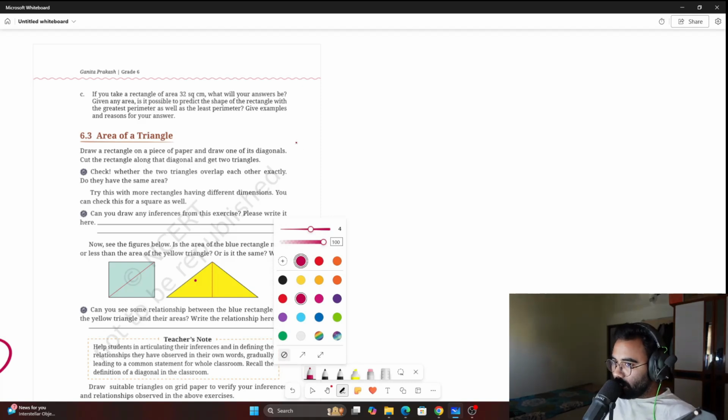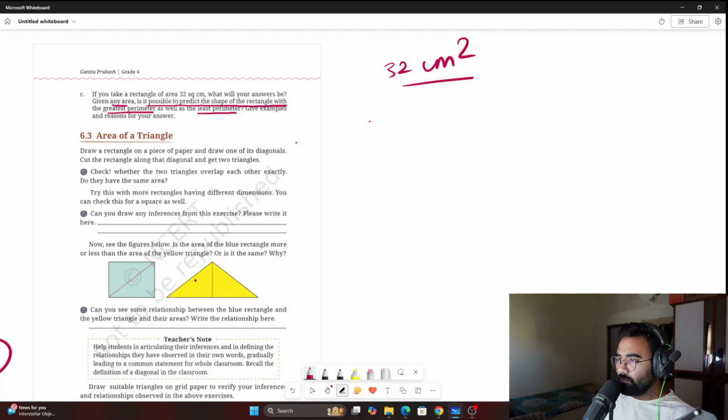Given any area, is it possible to predict the shape of the rectangle with greatest perimeter as well as least perimeter? Okay, let's take 32 centimeter square as an example. If this were a square, it would be fairly easy. You could simply divide it by 4, so you'll get 8, 8, 8, 8. 8 4s are 32.